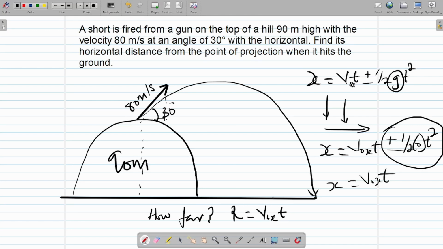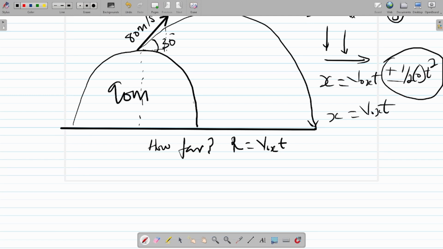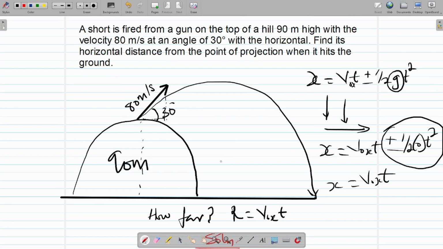So what do we do at this very point? Since it was launched at an angle, we have to go ahead and break the velocity into its x and y components. Let's do that very quickly. So right here, I'm going to write my solution. Remember I said that the x component is very simple, right? But the y component is kind of complicated because the time depends on the y component.